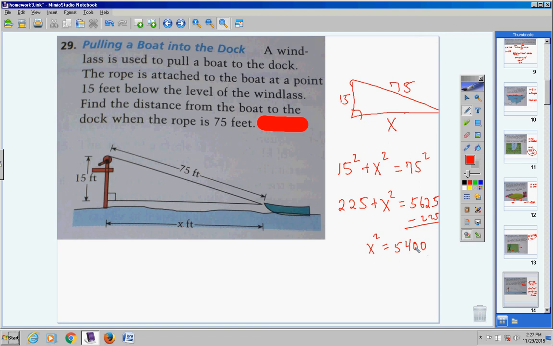Now let's take the square root of 5,400. We'll take the square root of x squared as x, and the square root of 5,400 is 73.48, or 73.5. Everything's in feet. So if the rope is 75 feet long, the distance from here over to here is going to be 73.5 feet.